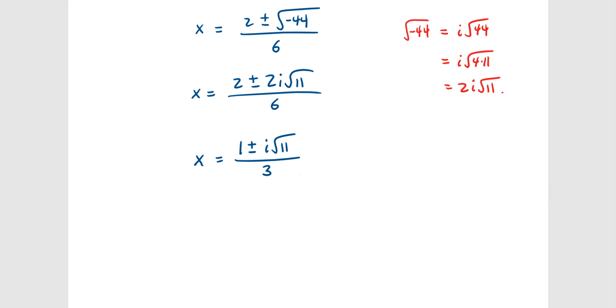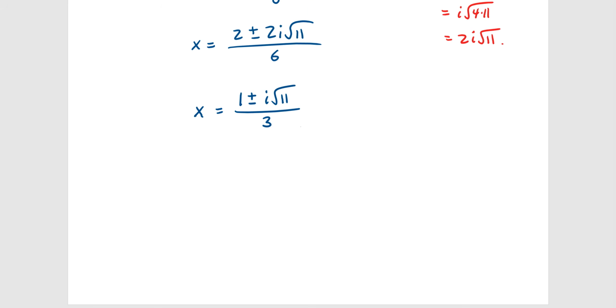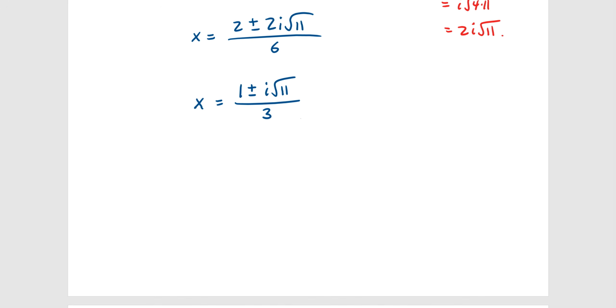Okay, so that was from a factor of 2 being canceled off. I just did it in my head without splitting up the fraction. And those are our two answers. We can't simplify this any further. So our solution set is 1 minus i radical 11 over 3 and 1 plus i radical 11 over 3.